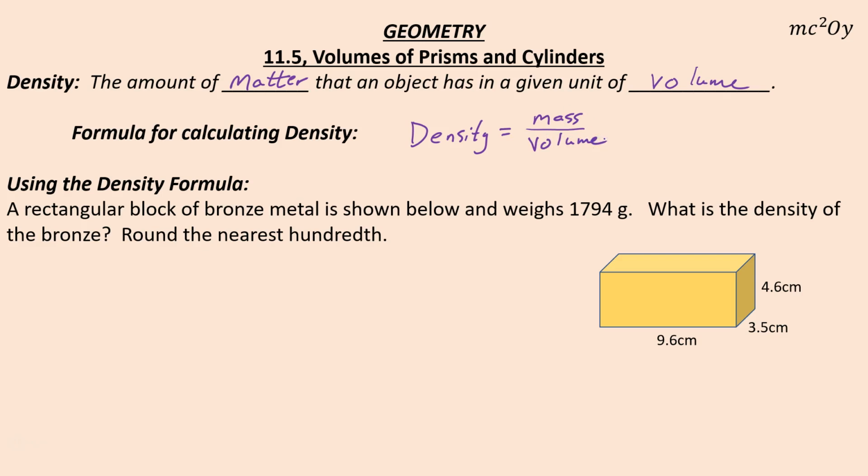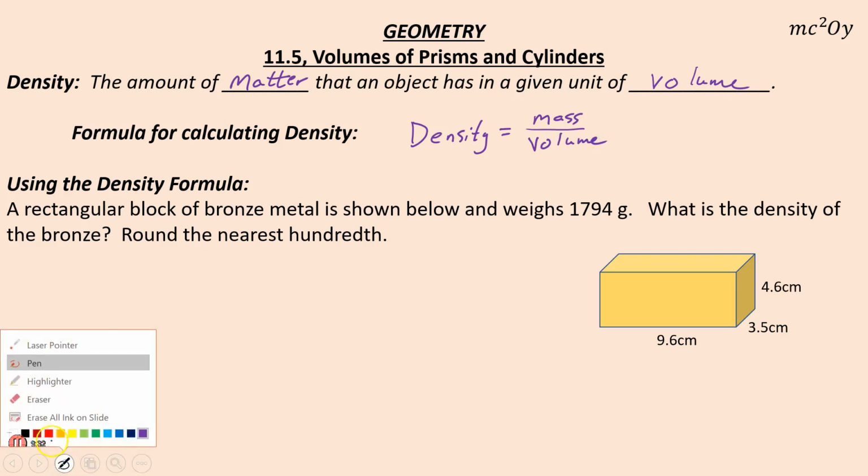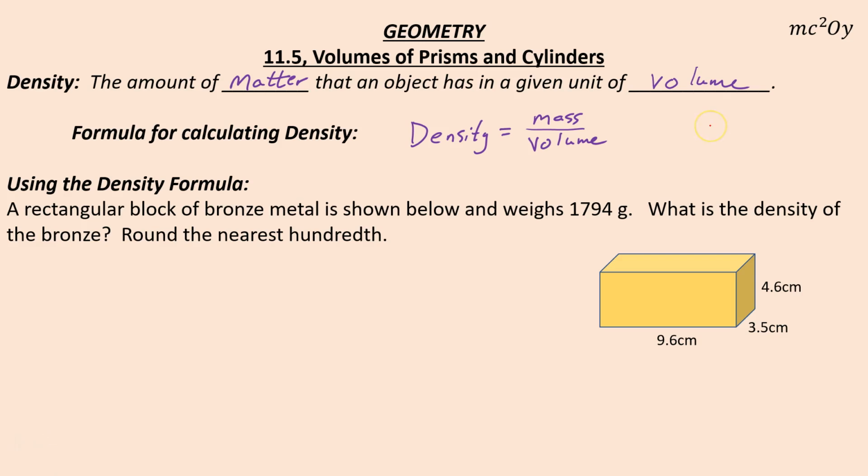One of my students the other day, Gunnar, a kid in my first period class, did a broken heart thing. He said density breaks his heart. It's mass, you can kind of see the M right here, divided by volume, if you want to think of it that way. Might be a good way to remember it.